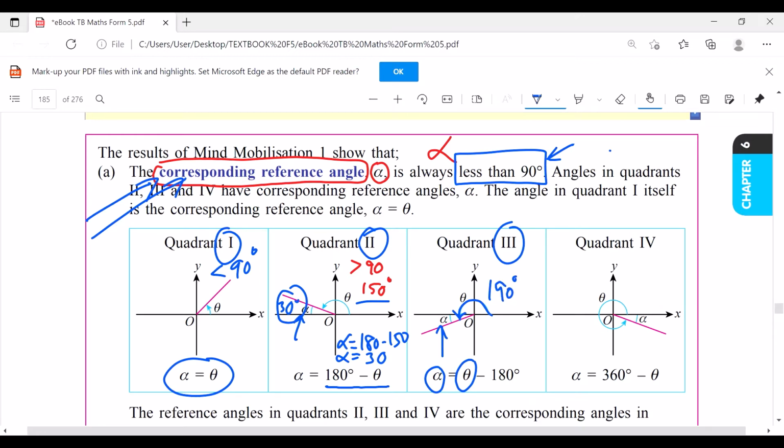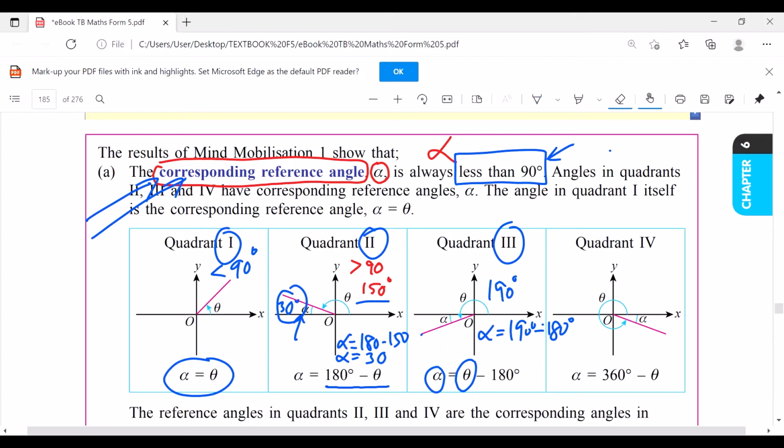You want to find your corresponding reference angle, that is your alpha. So your 190, of course, you minus with 180.